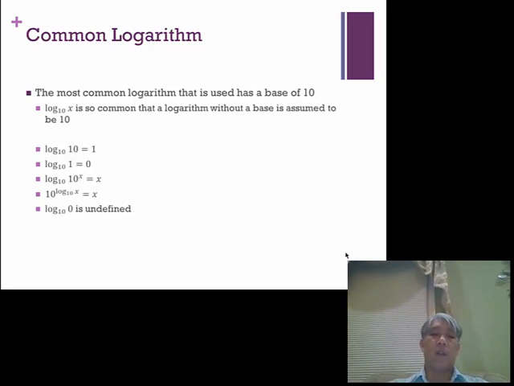Using some of the properties of the log base 10, we see log base 10 of 10 equals 1, and log base 10 of 1 equals 0, and the inverse is below. Log base 10 of 0 is undefined, because the 0 is outside of my domain. It has to be greater than 0.